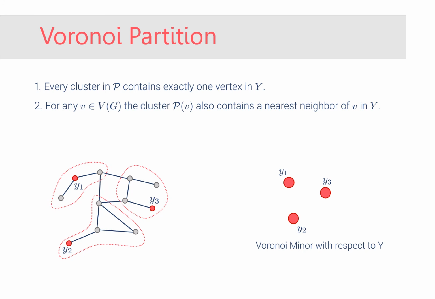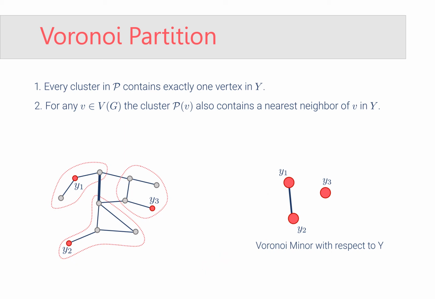How do we obtain a Voronoi minor? Well, we take our set of terminals Y as vertices, and then for every two clusters which are connected in our initial graph, for example, the cluster centered at Y1 is connected with an edge to the cluster centered at Y2, we draw an edge in the Voronoi minor.